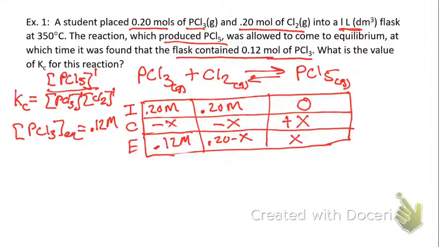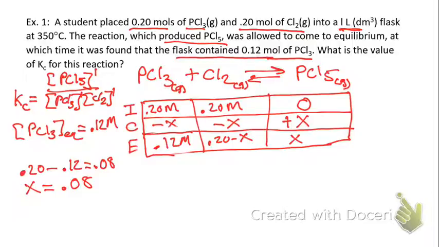All right, so can I figure out my x factor knowing that? Absolutely. I can take my initial concentration, which is 0.20, minus my equilibrium concentration, and I should get my x value to be 0.08 molar. So x is going to be 0.08.